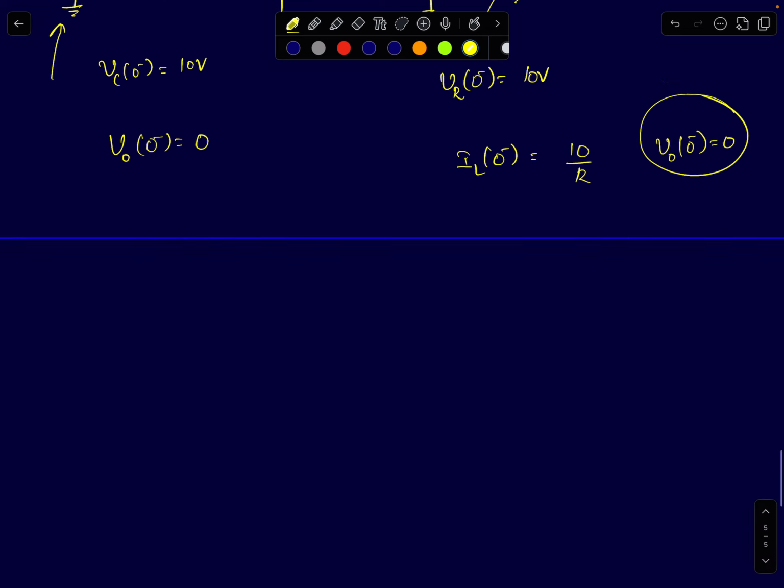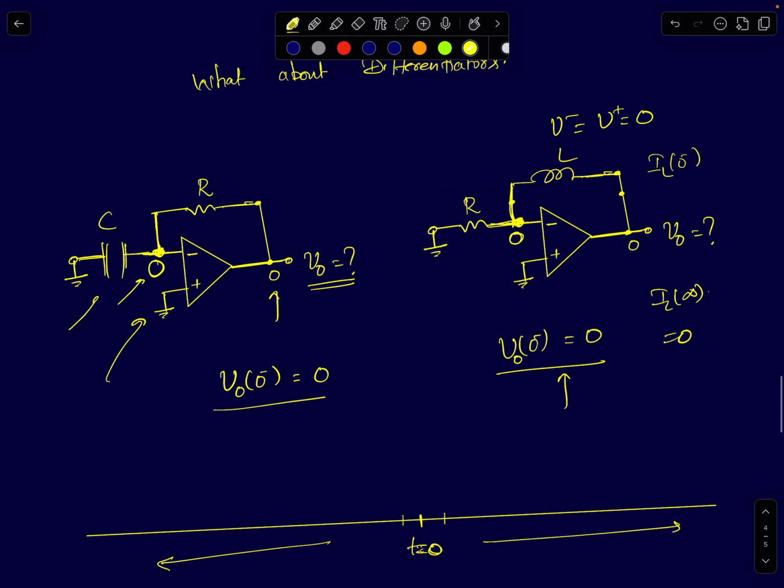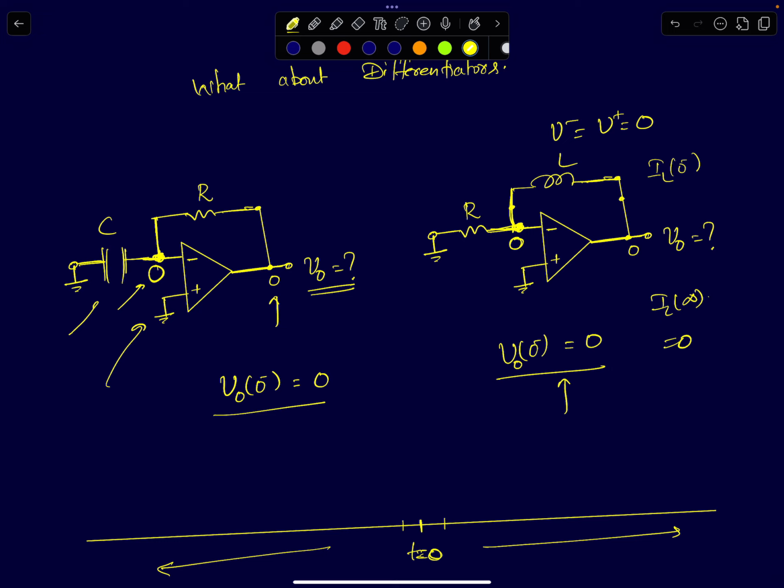Now we can extend this and argue. I haven't shown any plots here, but I can easily assume the op amp to have a finite DC gain. The op amp has a saturating characteristic with a large DC gain, but still finite.